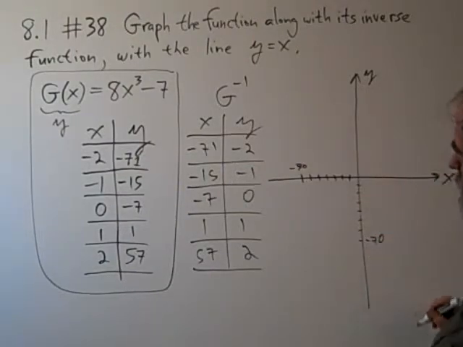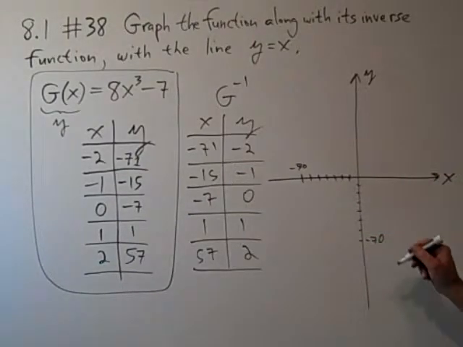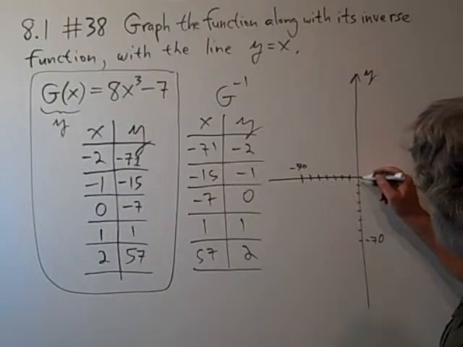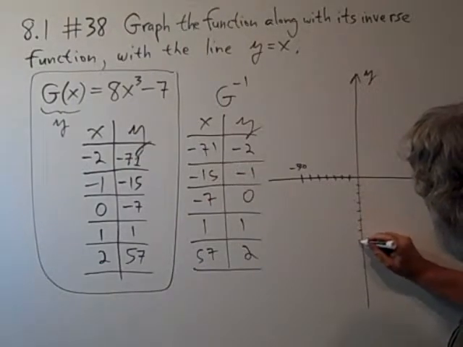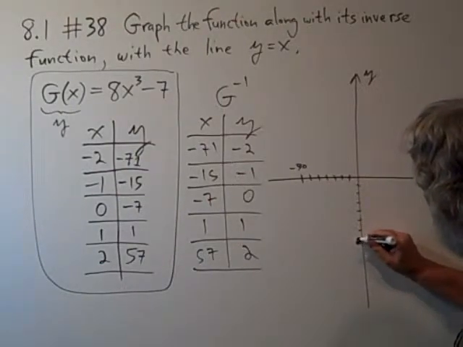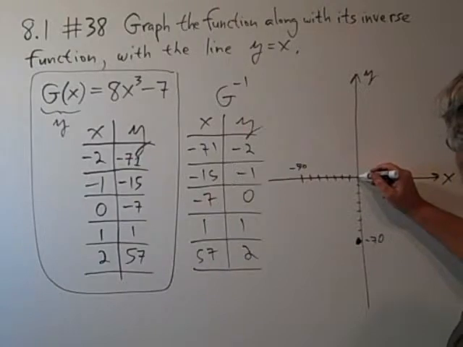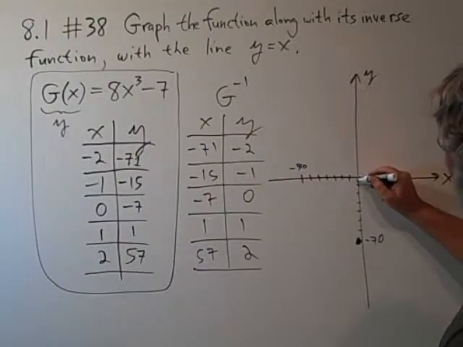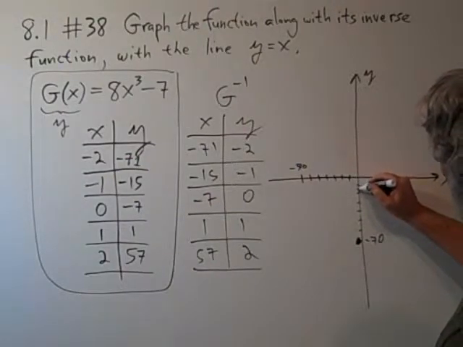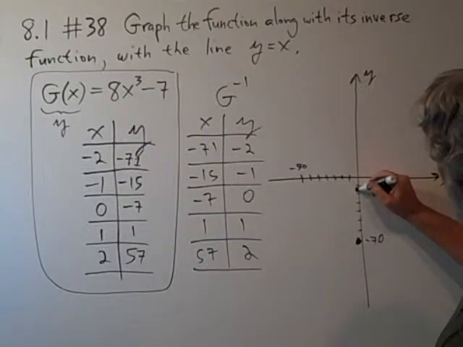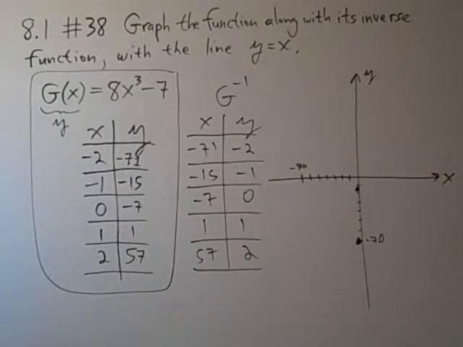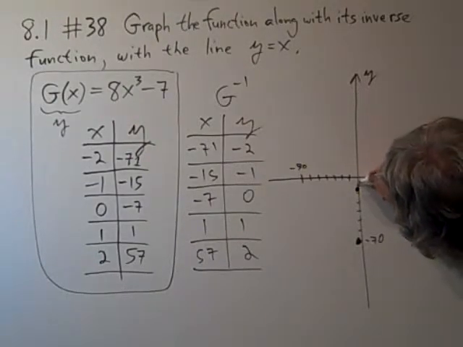So to begin with, -2, -71 is just about there. -1 and -15 is right about here, very close to the y-axis. 0, -7 is right about here.